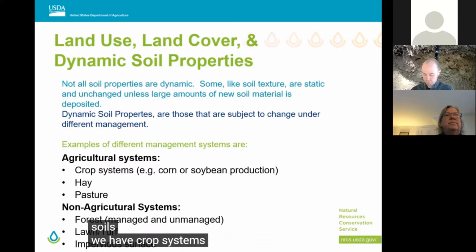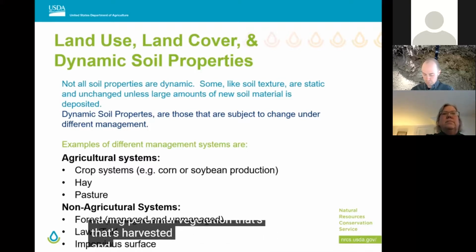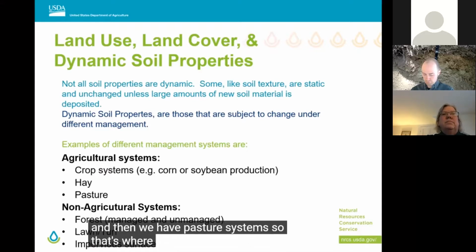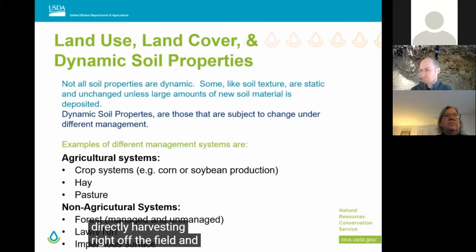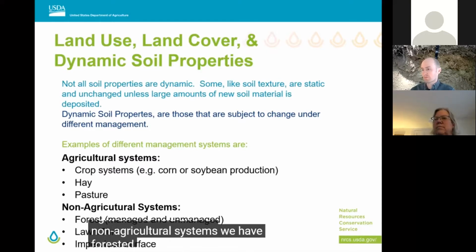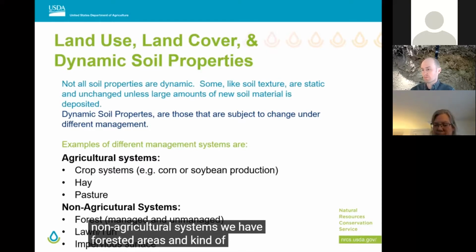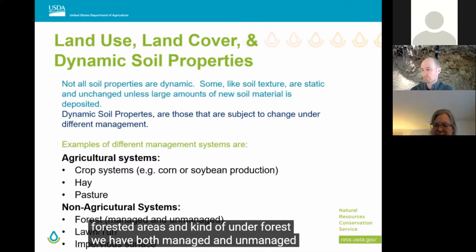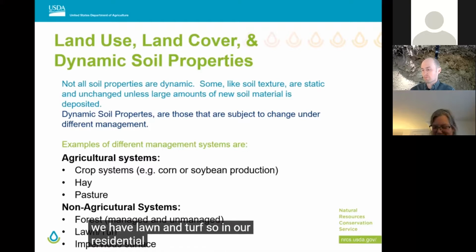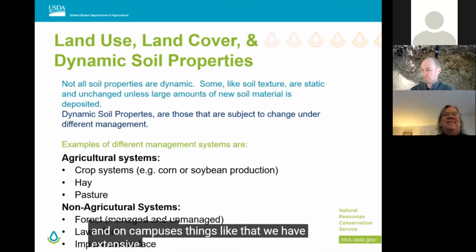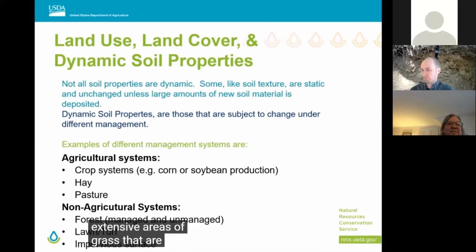We have crop systems. We have hay, where you're having perennial vegetation that's harvested. And then we have pasture systems, so that's where livestock would be directly harvesting right off the field. And for non-agricultural systems, we have forested areas, and under forest, we have both managed and unmanaged forests. We have lawn and turf, so in our residential areas and on campuses, we have extensive areas of grass that are just mowed.